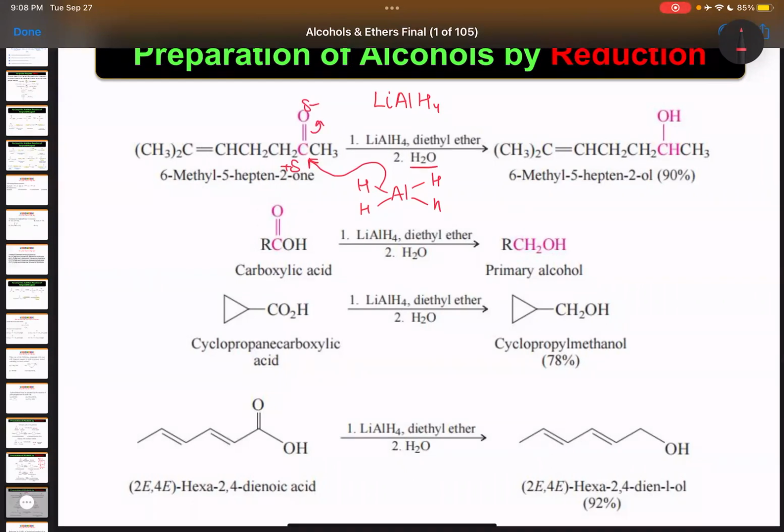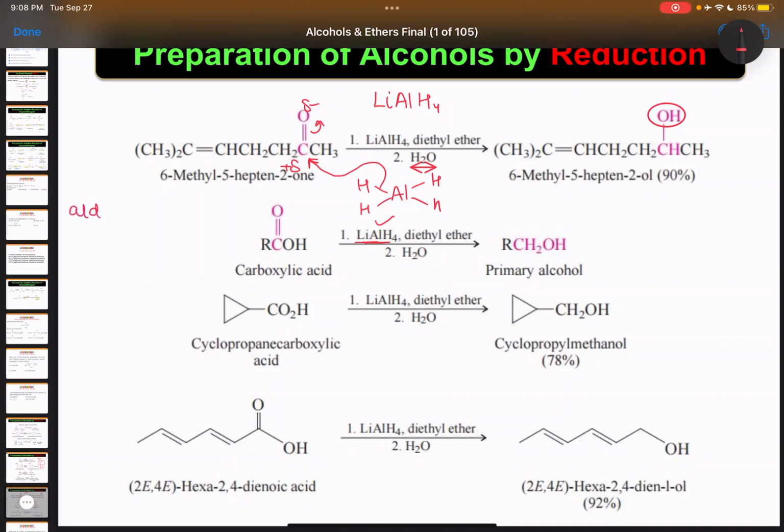And then you take water. So the O minus which you get will be converted to OH from the H plus given by the water. Clear? And being a stronger reducing agent, LiAlH4 can react with all the carboxylic acids and derivatives. Is it clear?